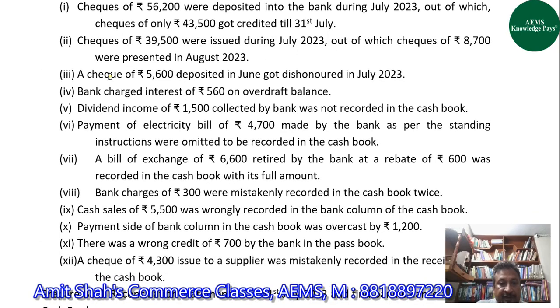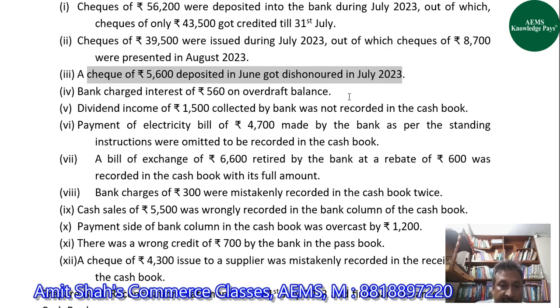The next transaction is a check of rupees 5,600 deposited in June got dishonored in July. And we obviously would have got to know about this dishonor only when we got the statement of July. It means we have not recorded this in our cash book. Had we recorded this in our cash book, the balance would have been lesser by 5,600.